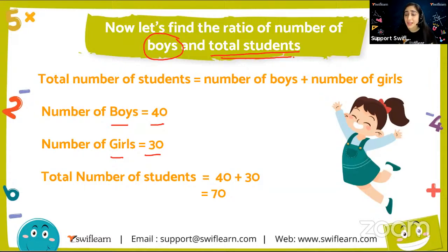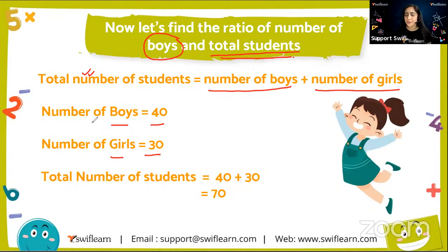Yes, we can. See, in a whole class, there will be boys or there will be girls, right? So I know the number of boys, I know the number of girls, so why not add them? Simply adding the number of boys with the number of girls, I'll get the total number of students.